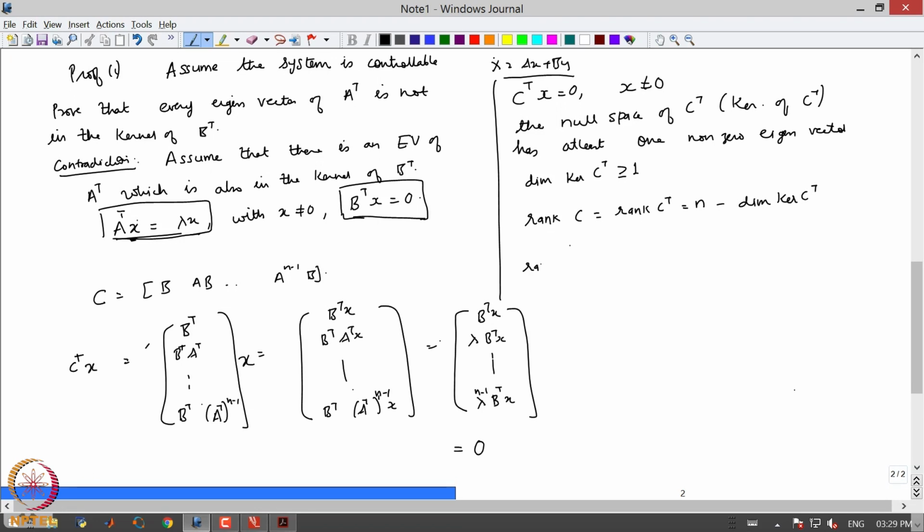We get this from the rank-nullity theorem, that rank of C transpose plus the dimension of the kernel of C transpose should be n. Okay. Now, if the dimension of the kernel of C transpose is at least 1, then the rank of C transpose would be n minus 1, n minus 2 or whatever, but it will always be less than n. Which means that if the rank of C is not equal to n, then this renders the system uncontrollable.